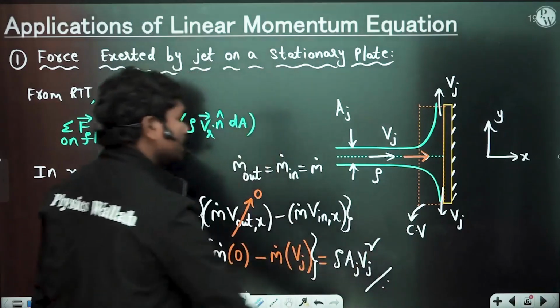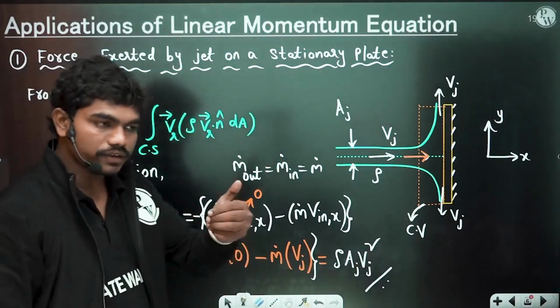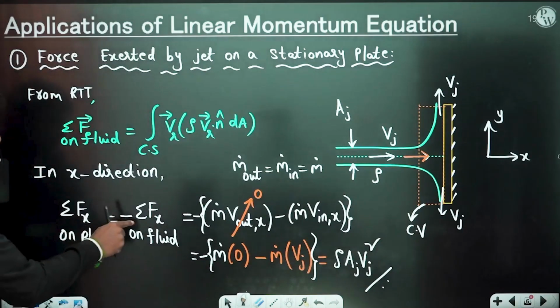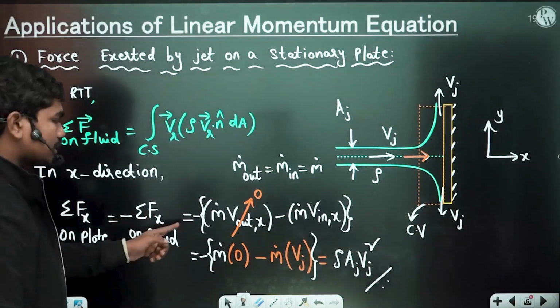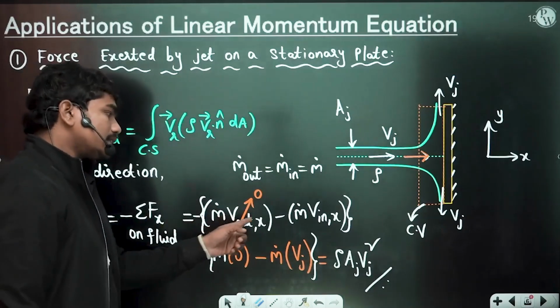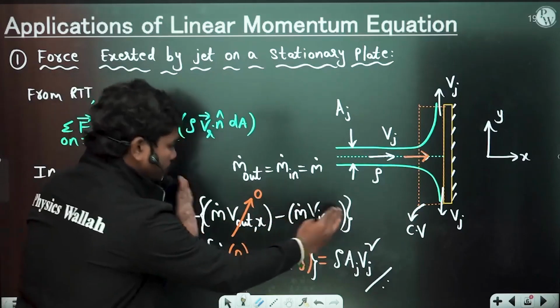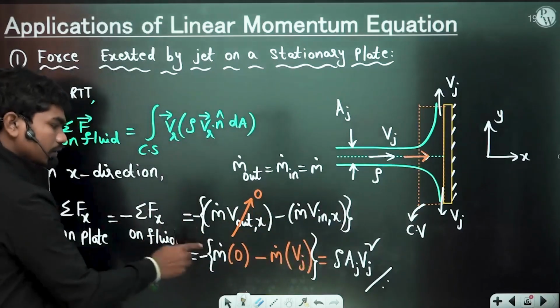So this is basically the force which is exerted by the fluid on the plate, correct? Because you see Fx on plate is equal to minus sigma Fx on fluid, which is equal to minus of m dot v out x minus m dot v in x. So this sigma Fx of fluid is nothing but this momentum change, correct? This minus sign which is outside will carry as it is.